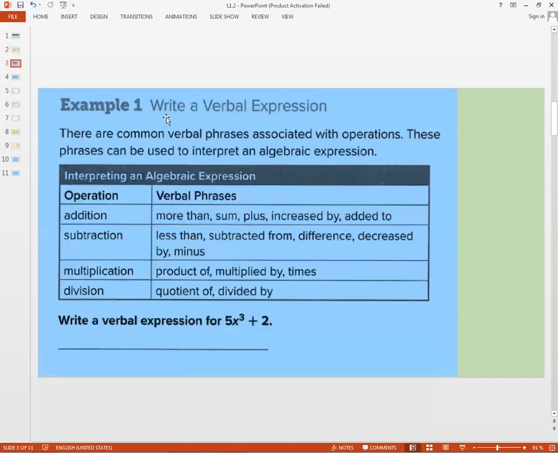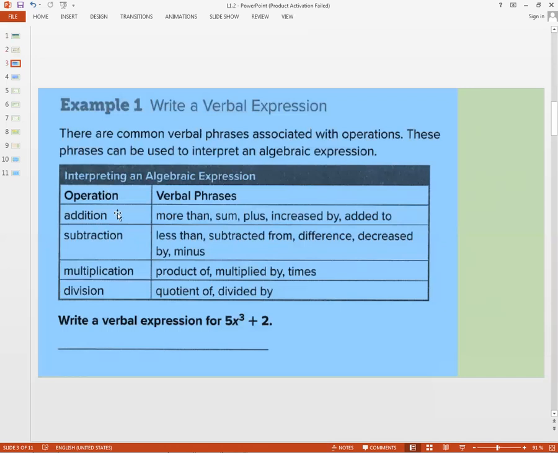Going to the next slide. These are very important notices or advices. Example 1, write a verbal expression. There are common verbal phrases associated with operations. These phrases can be used to interpret an algebraic expression.